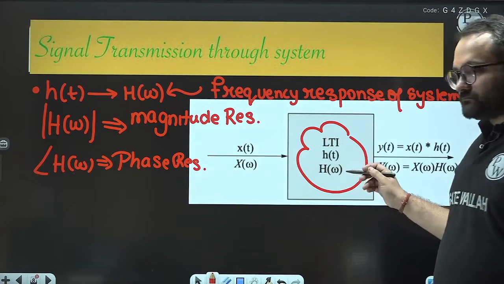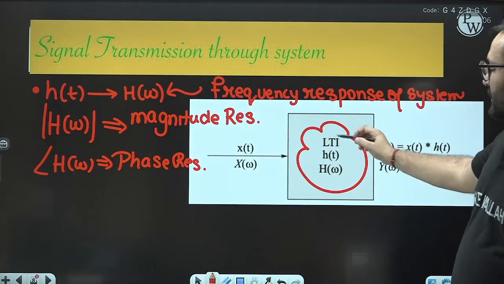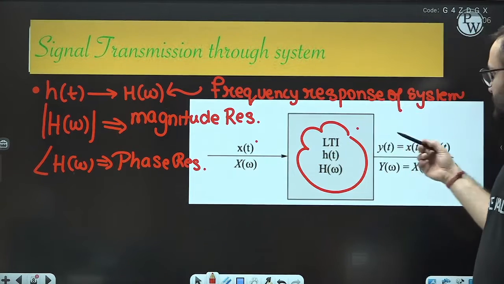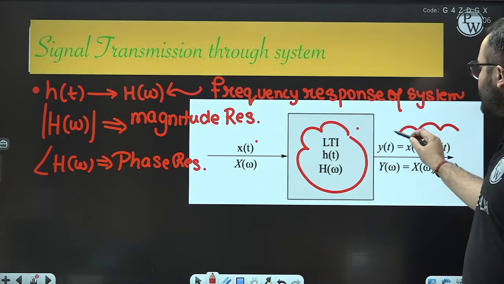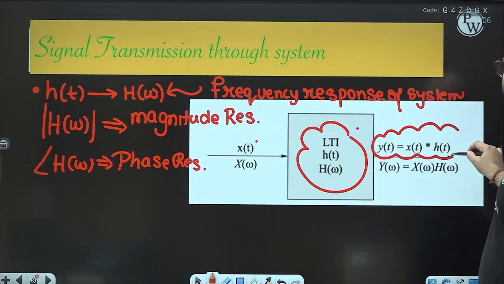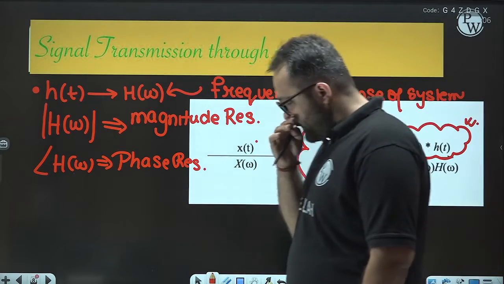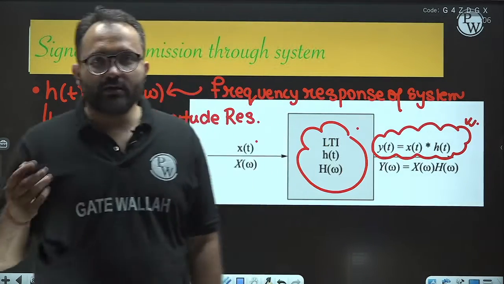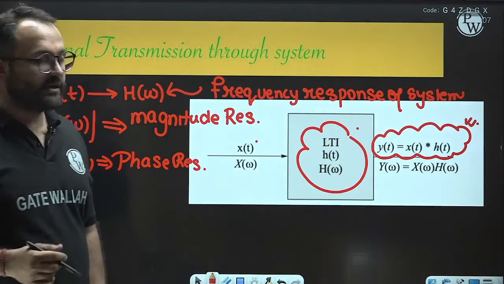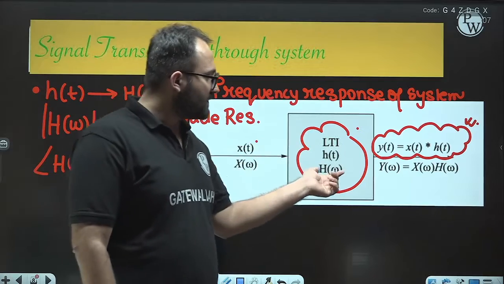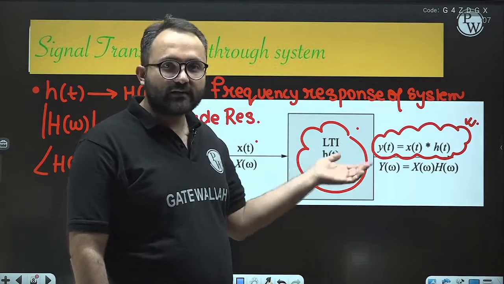Now, this is the LTI system. If we put input as x of t, the filter has the impulse response h of t, and the output is h of t convolved with x of t. We know this. Now if we apply the Fourier transform property, the input Fourier transform is X of omega and the filter has Fourier transform H of omega, the frequency response.